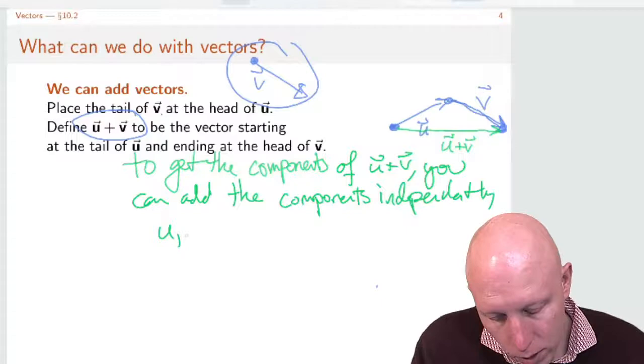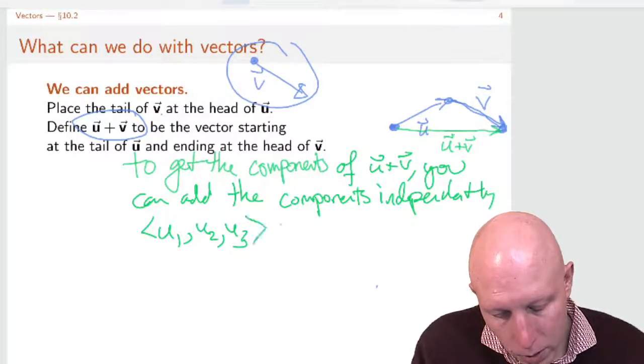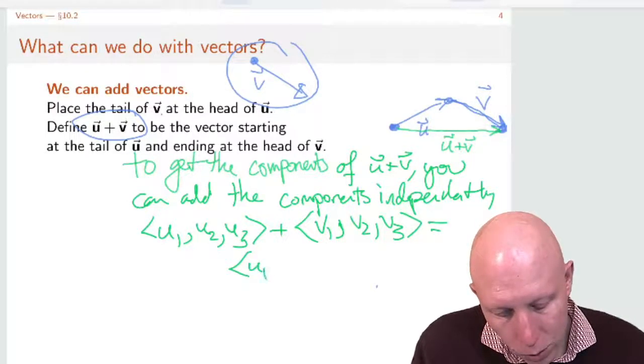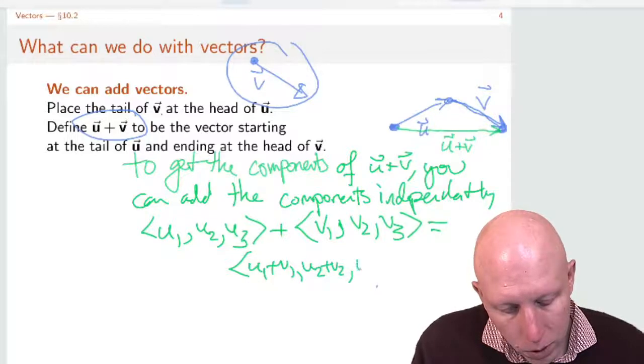So u1, u2, u3 plus v1, v2, v3 gives us u1 plus v1, u2 plus v2, u3 plus v3.